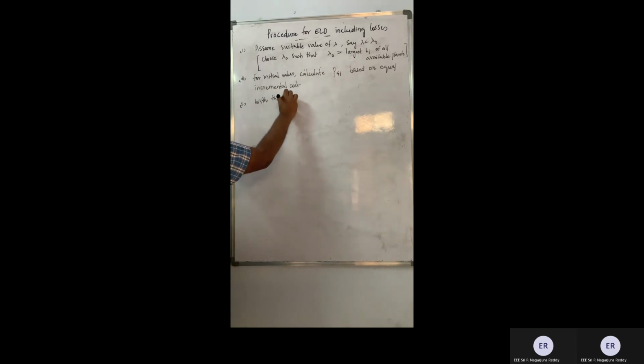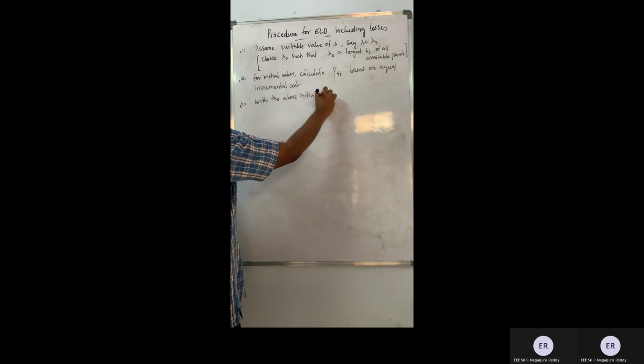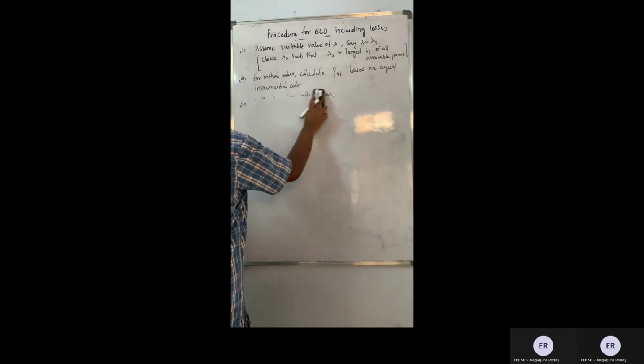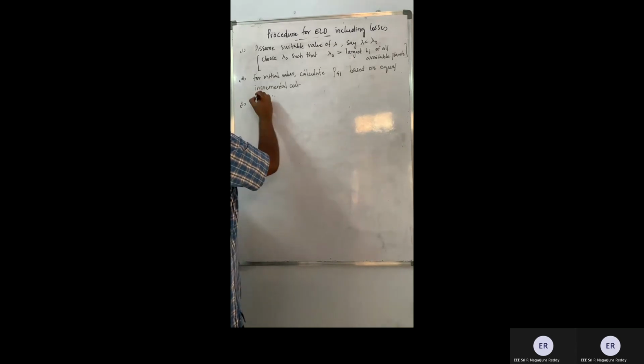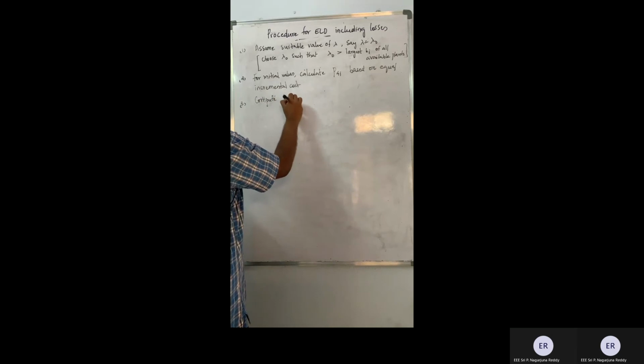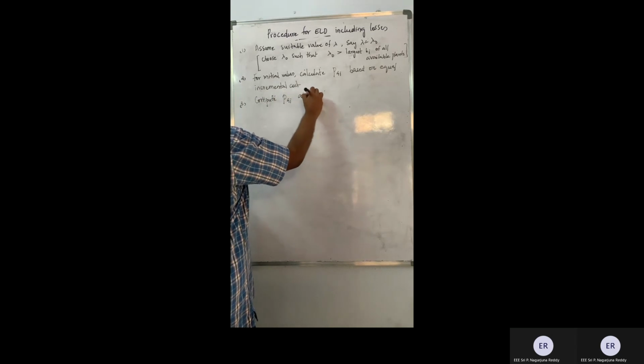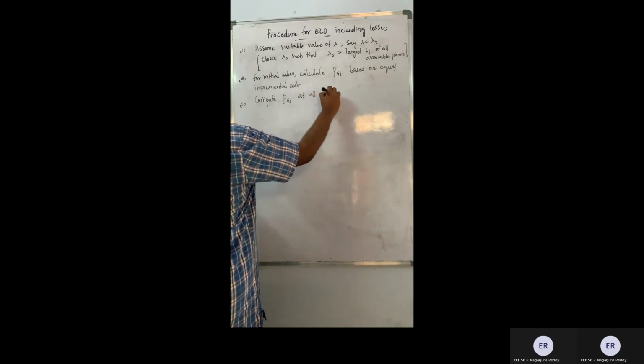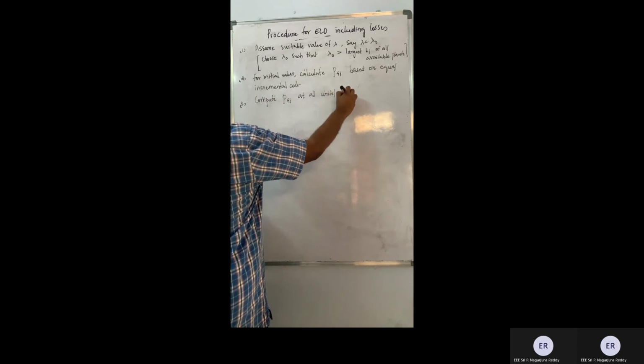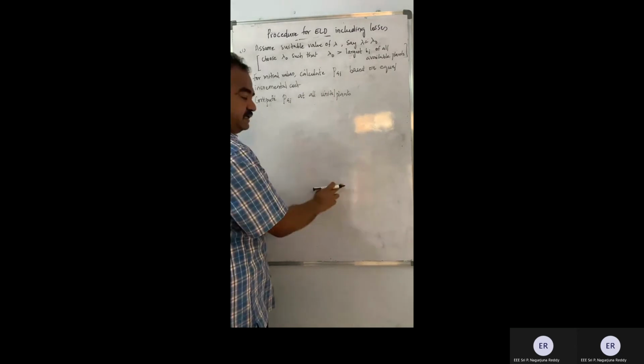With the above initial values, compute PGI at all units or plants, whatever you can name it. Compute PGI at all units of plants using the equation. We do have the equation which I have written earlier.